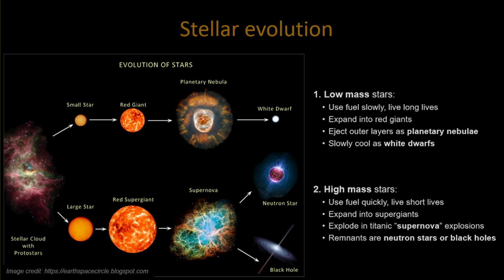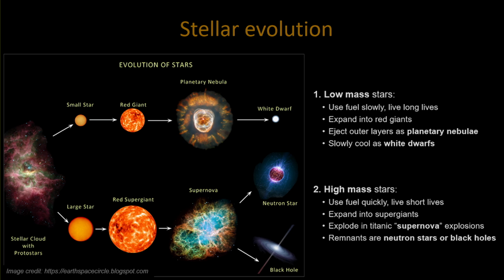So here, in conclusion, is a summary of all we've talked about today. We talked about, of course, stellar formation there to the left. We can end up with a relatively smaller, lower mass star or a larger, higher mass star. Our smaller, lower mass star eventually is going to leave that main sequence. It's going to become a red giant.